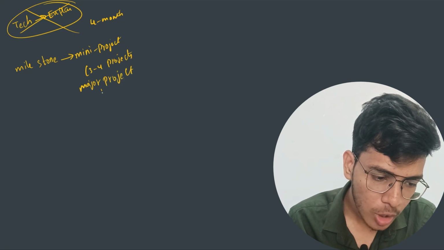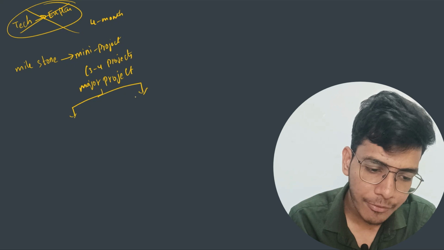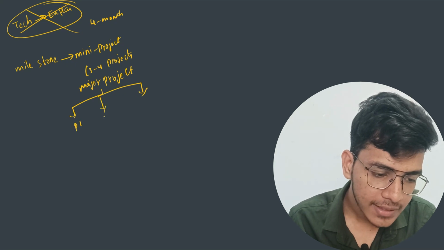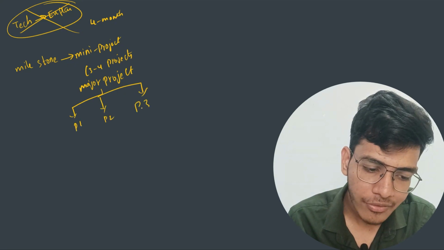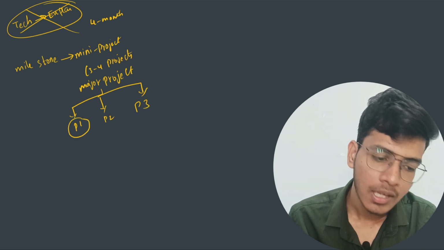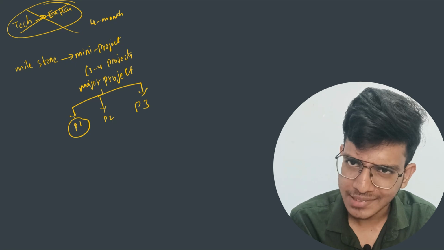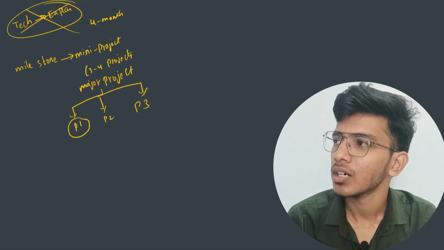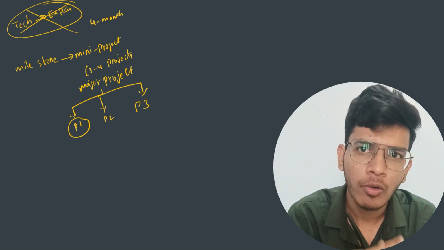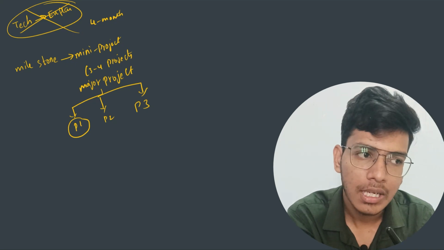This major project will be divided into different phases: phase 1, phase 2, phase 3, and in different phases we will learn some new things, for example authentication, authorization, middlewares, APIs.